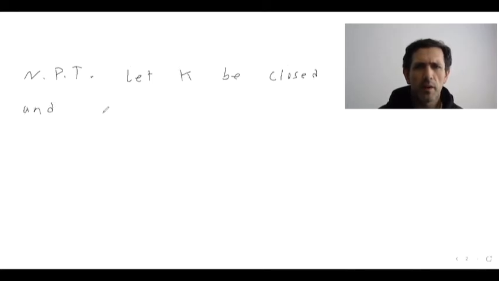Okay, so the nearest point theorem is as follows. Nearest point theorem. Let K be closed and convex.